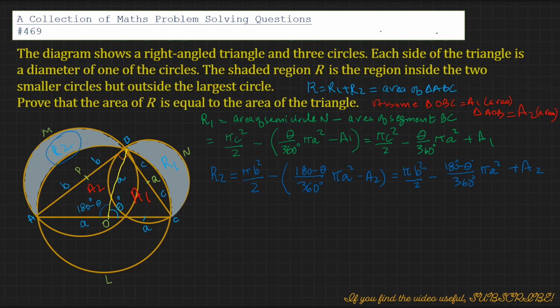Okay, so therefore in triangle ABC we have 2b whole square plus 2c, because c plus c, 2c whole square equals 2a whole square. And from this bit what we can see is, therefore 4b square plus 4c square equals 4a square, and therefore b square plus c square equals a square. We get this by Pythagoras.